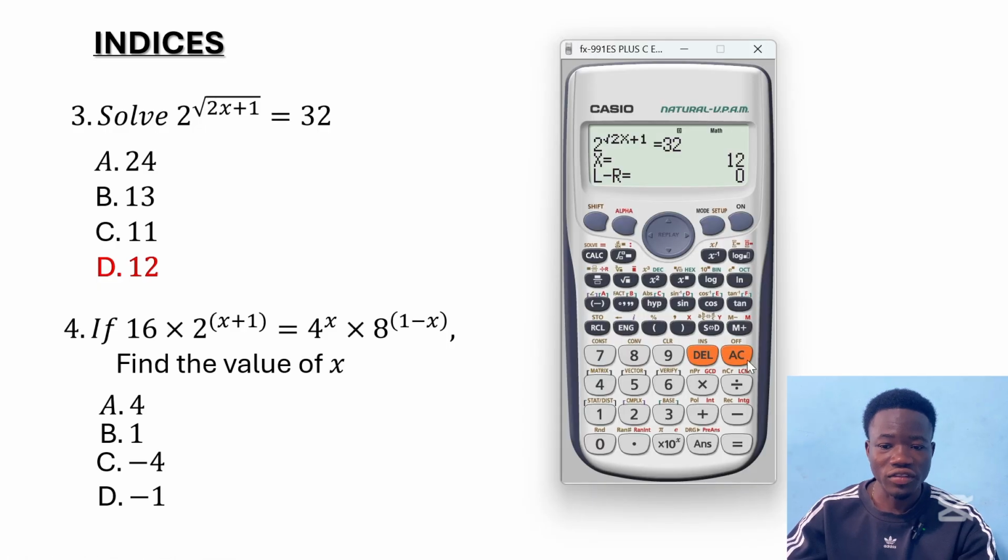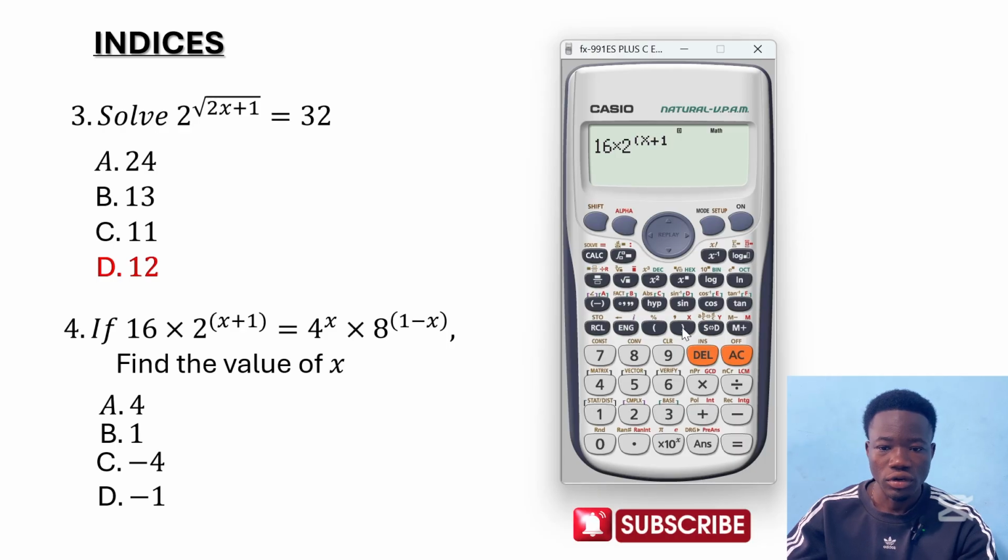So I've gotten my calculator, clear this, and type the question in as you've seen. You have 16 times 2 exponent x, so alpha is plus 1, and you close the bracket.